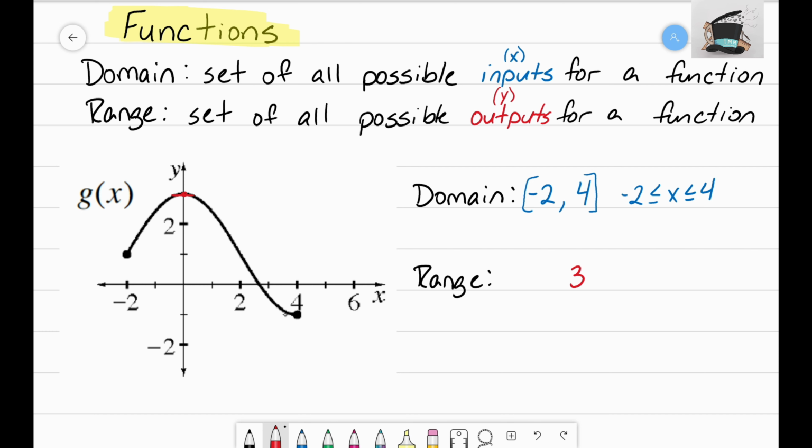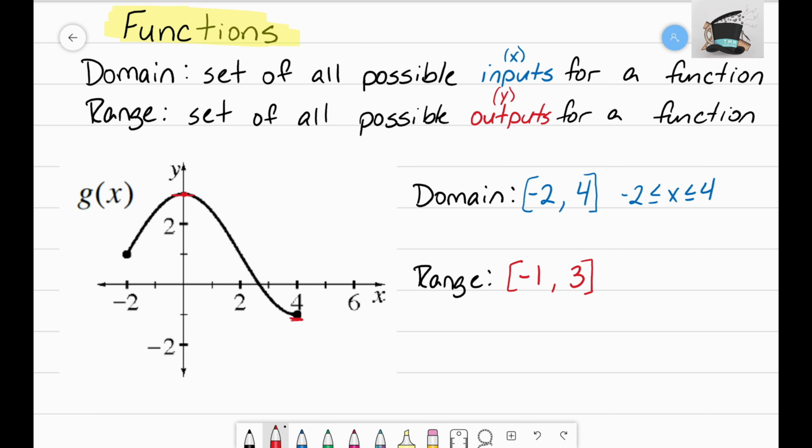And as I follow, I see that down here at y equals -1, that is the lowest that my y values can be. There is no other spot along this graph where y is less than -1. So I would say that my range is from -1 all the way up to 3. Okay, that is the range.